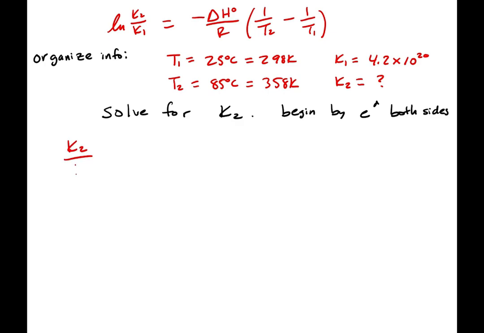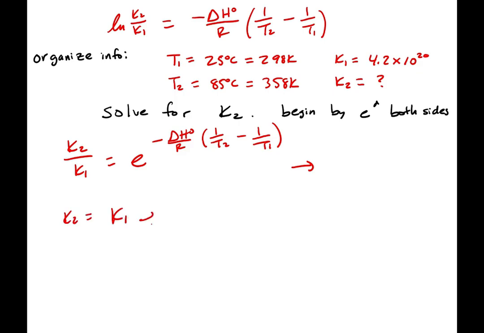You're left with K2 over K1 equals e to the minus delta H standard over R times 1 over T2 minus 1 over T1. And lastly, to solve for K2, you can multiply both sides by K1. So K2 equals K1 times e to the minus delta H standard over R, 1 over T2 minus 1 over T1.